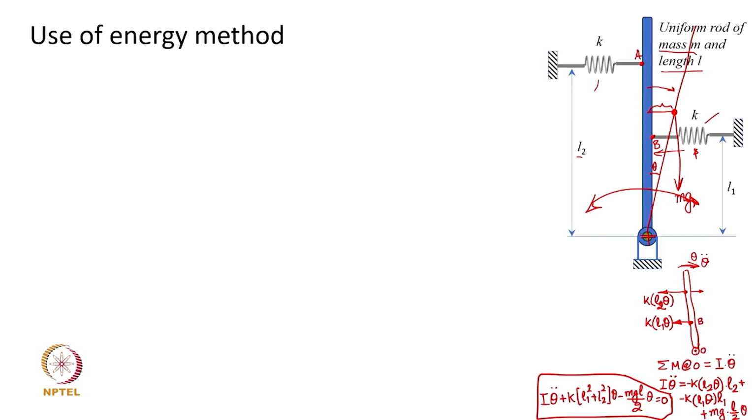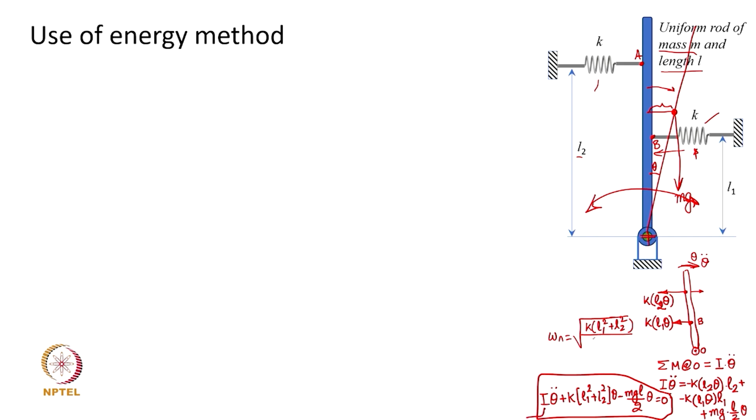Only the springs will come into action, and then the natural frequency, if the rod is assumed horizontal and the motion is in the horizontal plane, will of course be k times L1 square plus L2 square divided by the mass moment of inertia of the bar.